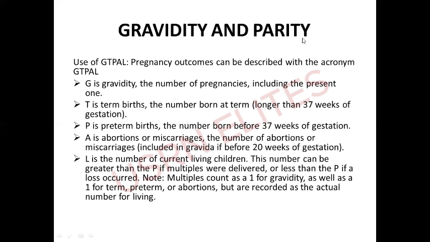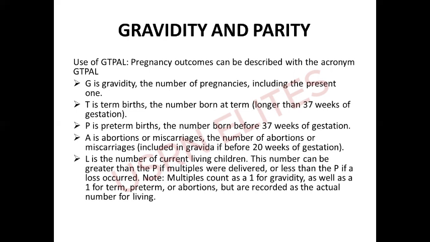And I said that parity is the total number of deliveries that a woman has had. Here, I did not include parity because of the resource I picked this from. They only brought the preterm aspect. Most of the questions don't really include the parity part, they only bring the preterm. That is why I didn't include it here.